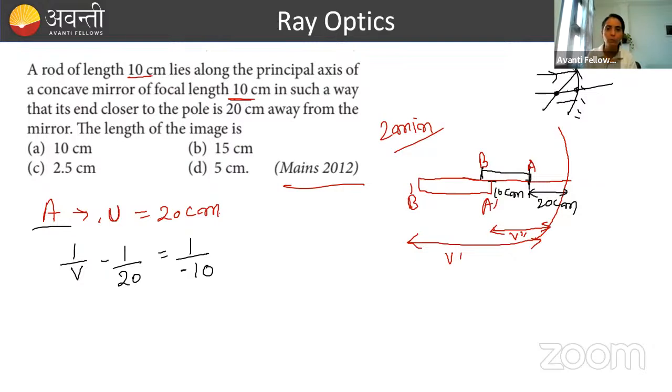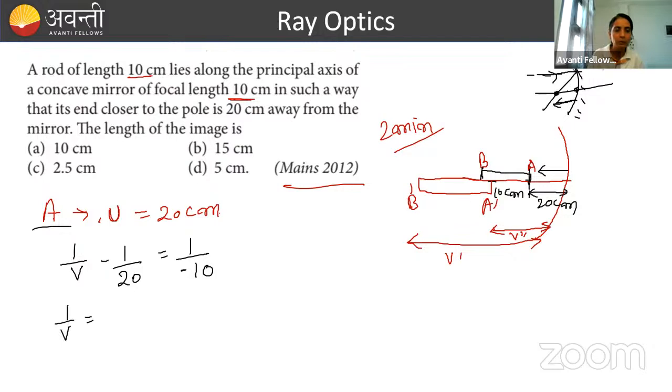If we measure the focus from the pole, because all measurements we do from the pole, it is in this direction, and the incident light is in this direction. The sign convention you all must have studied in class 10 tells us that the incident light direction is taken as positive. Second, we measure all distances from the pole. If the distance being measured is opposite to the direction of incident light, it is taken as negative, otherwise positive. Here the object is also measured in this direction and the focal length also in this direction. So both are negative.